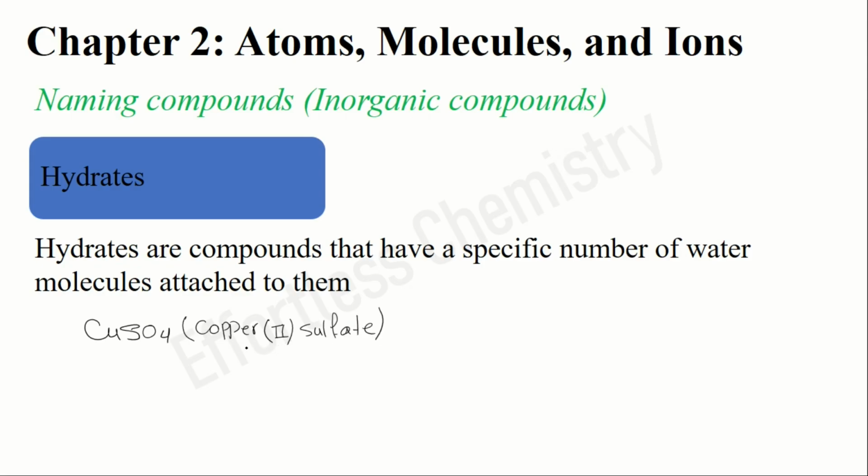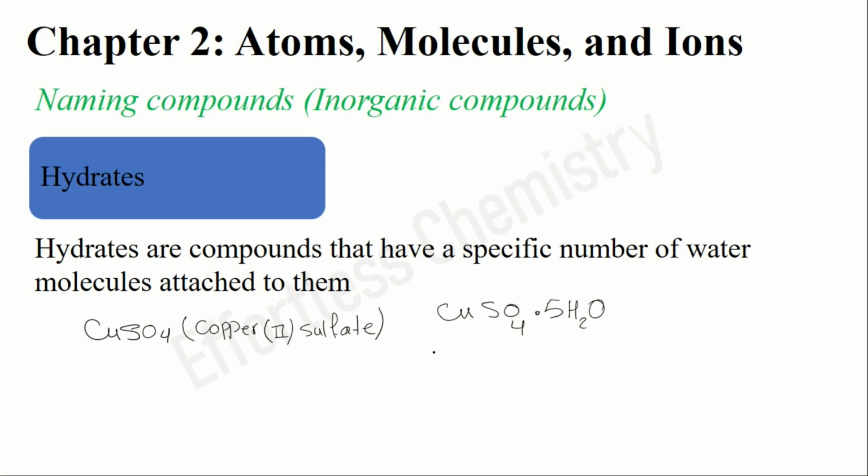In its normal state, this compound has 5 water molecules associated with it, so it has been written like that, containing 5 water molecules. The systematic name for this compound is copper 2-sulfate pentahydrate.